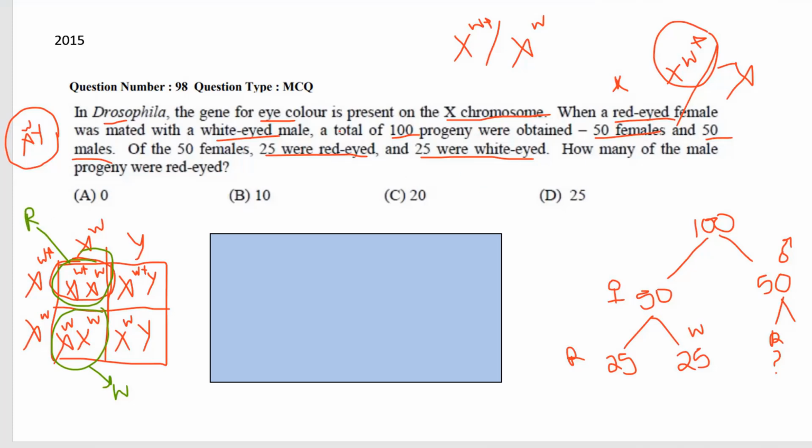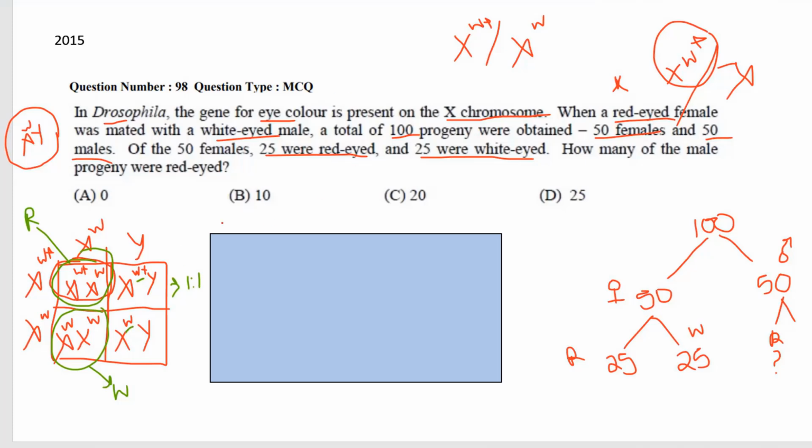Here they are saying 25 were red and 25 were white and the total is 50. And in the male population also we have 50 males. So how many of the male progeny are white? If you take the male progeny also, you will get that 1:1 ratio of red eye versus white eye.